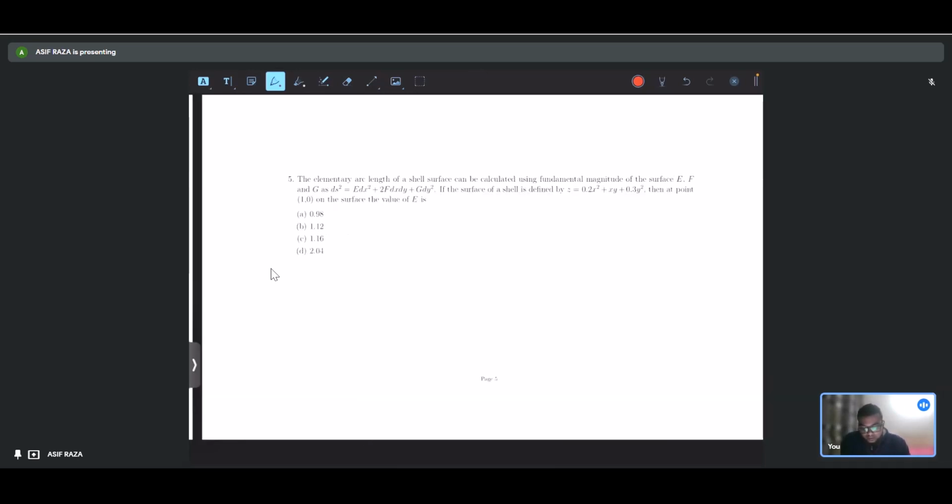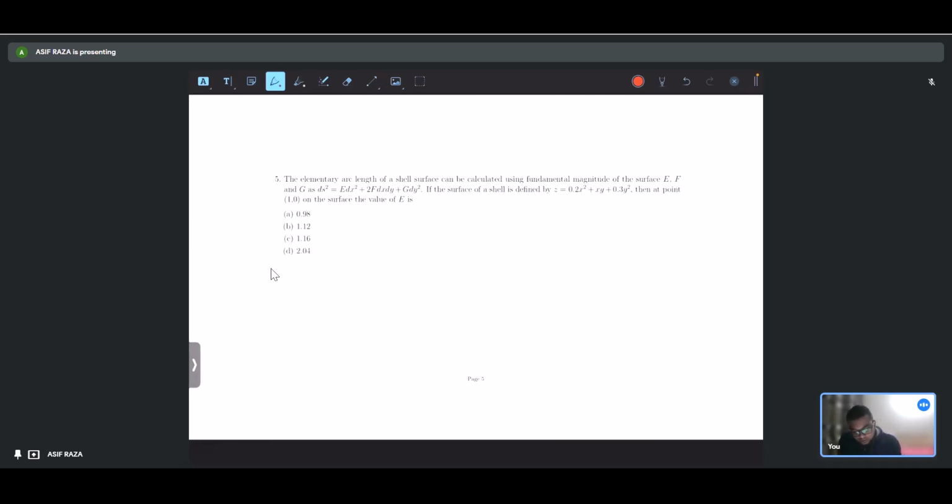Now next question. The elementary arc length of a shell surface can be calculated using the fundamental magnitudes of the surface E, F and G as this. If the surface of the shell is defined by this, then at a point on the surface the value of E is. So to solve this, we are given z equal to 0.2 x square plus xy plus 0.3 y square.